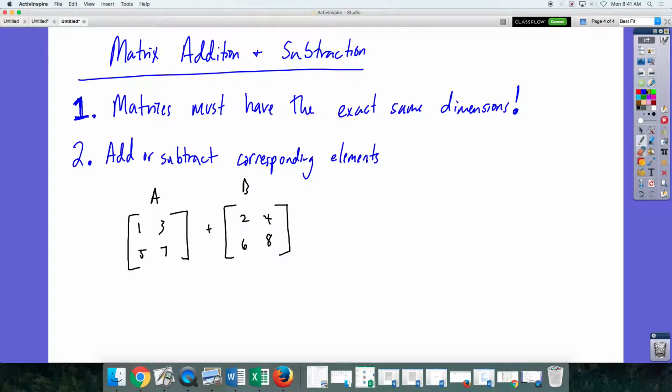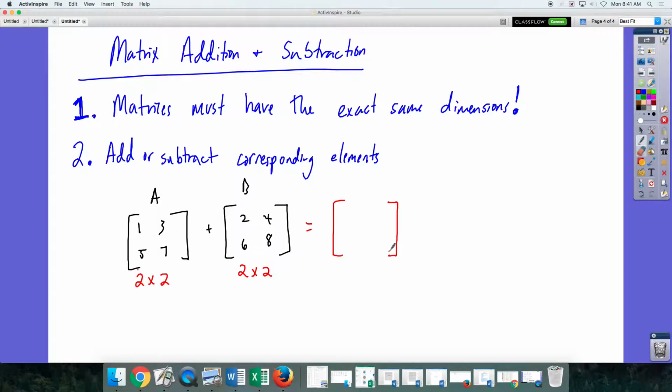Matrix A, what are the dimensions of matrix A? 2 by 2, right? All right, what are the dimensions of matrix B? 2 by 2. Are those the same? Yes, so that means we can add them. Now, if you add a 2 by 2 to a 2 by 2, what do you think your answer is going to be?